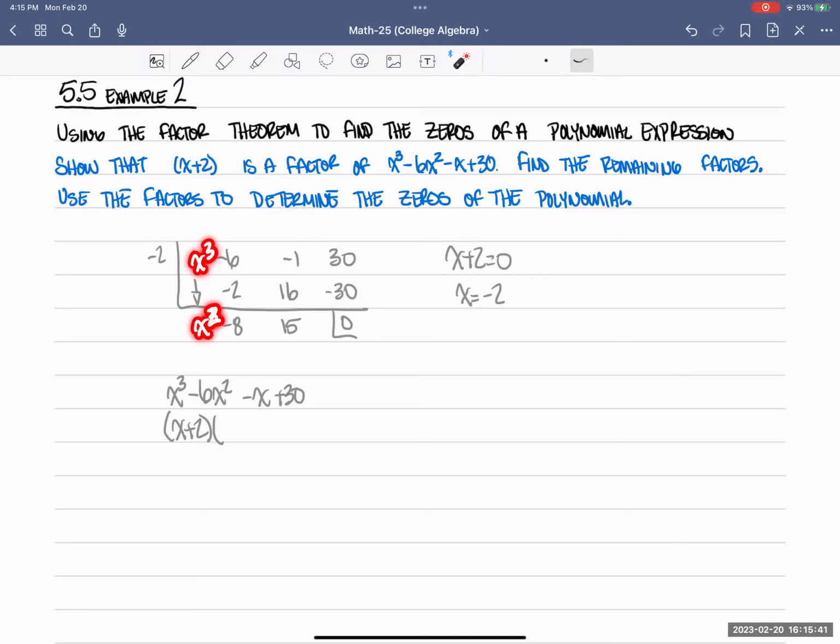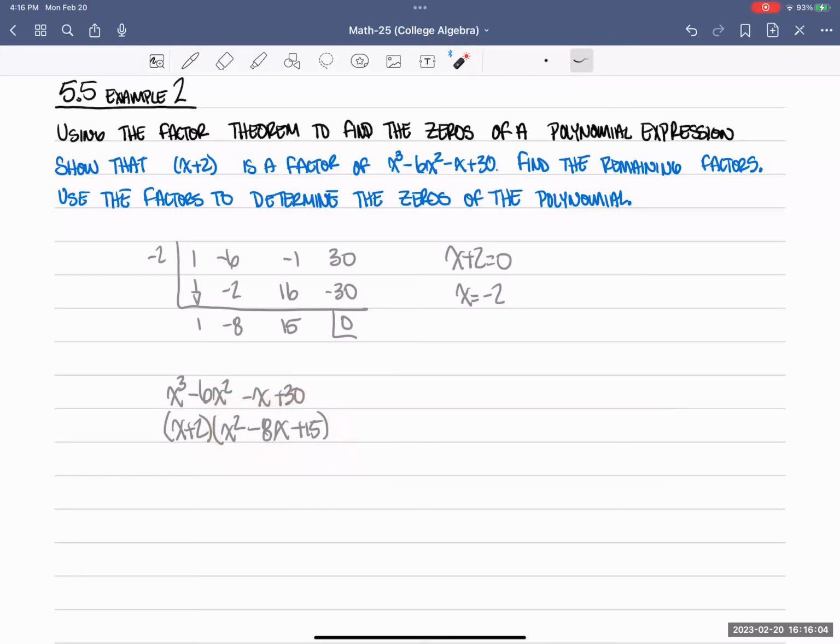So instead of x cubed, it's going to be x squared, then minus 8x, and plus 15. And we have that.